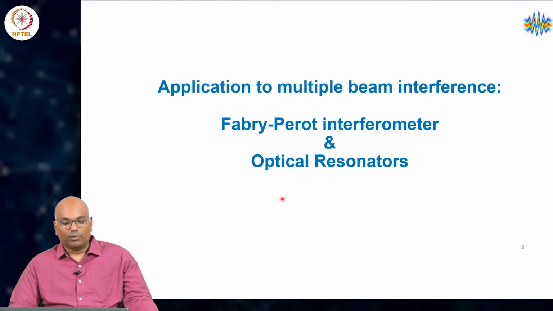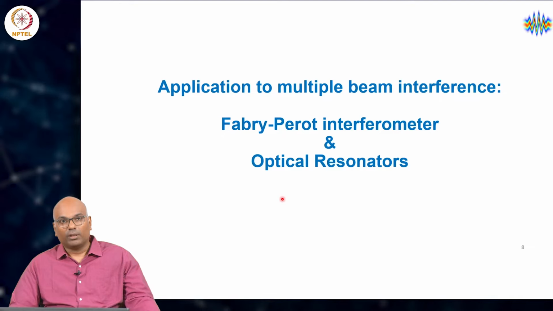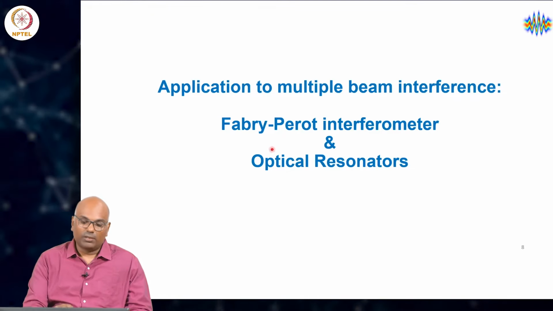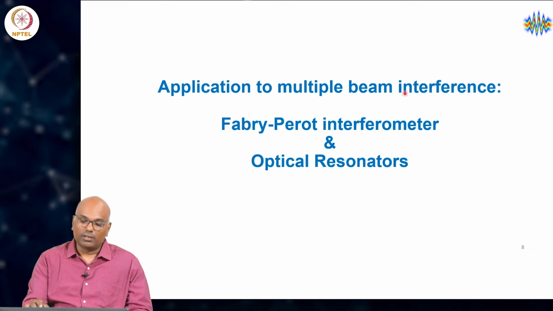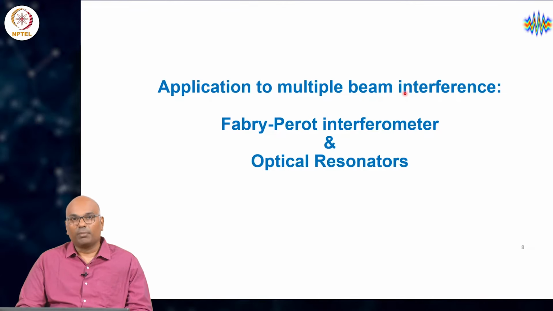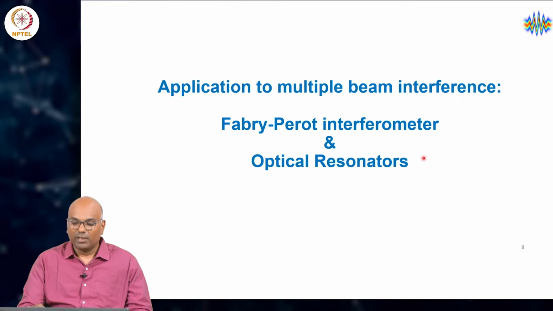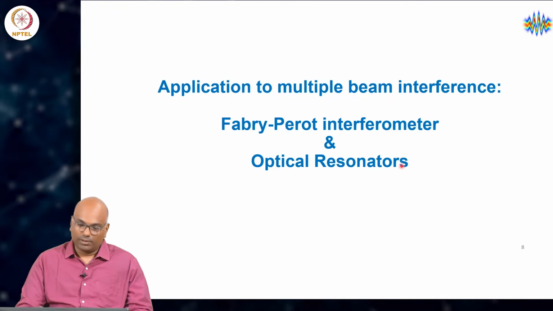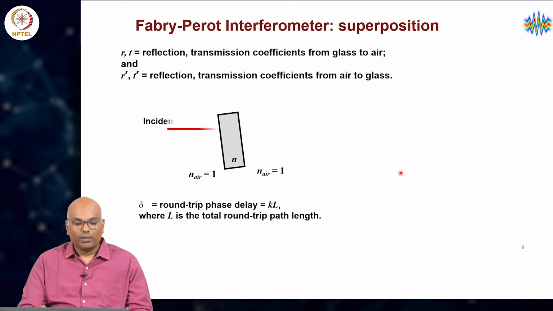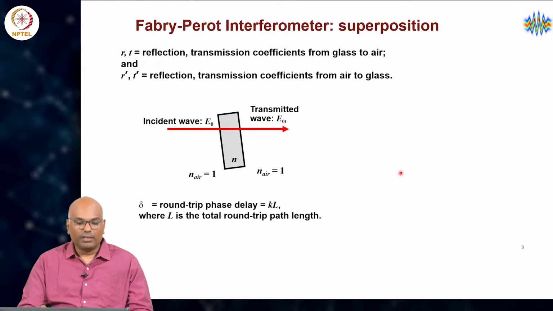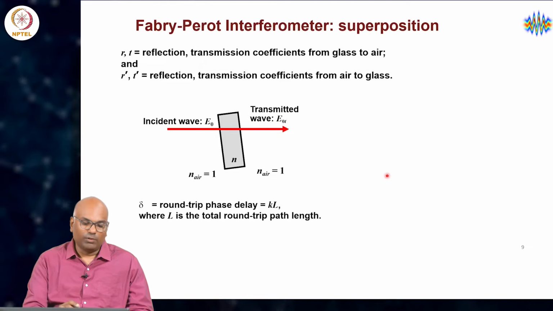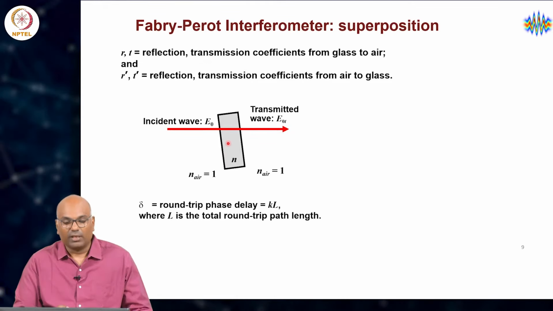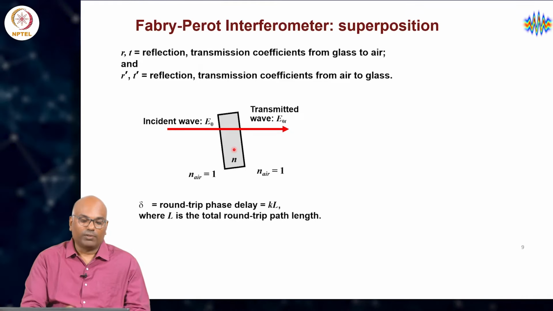So, what did we talk about in the previous couple of lectures? We spoke about and discussed the Fabry-Perot interferometer as a prime example and application of multiple beam interference, and as the basis for optical resonators. This is basically an interferometer, and the geometry that we considered is that of an Etalon, a polished piece of glass.